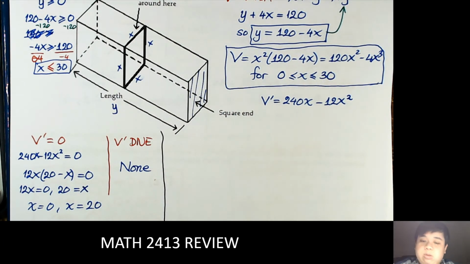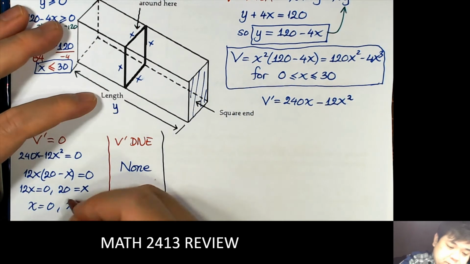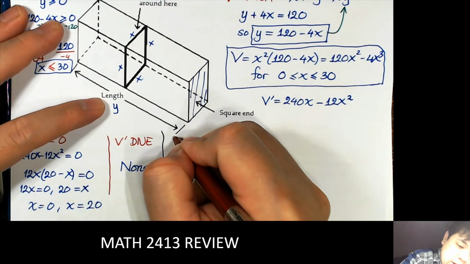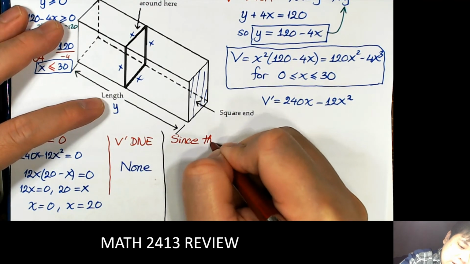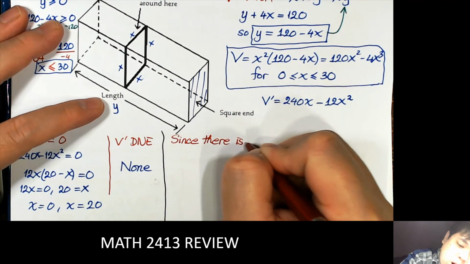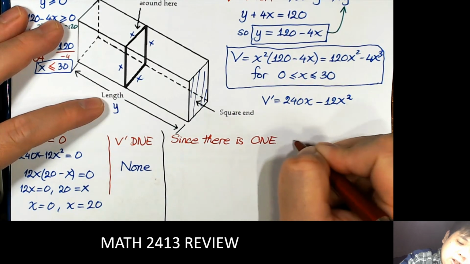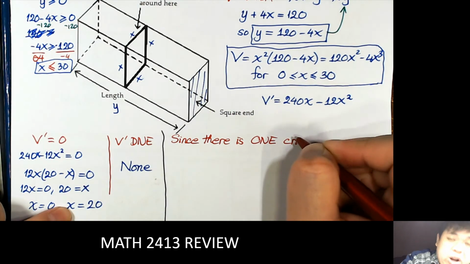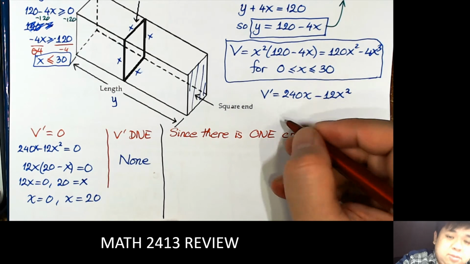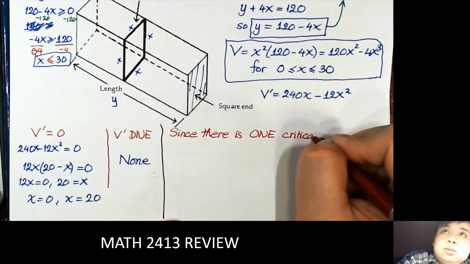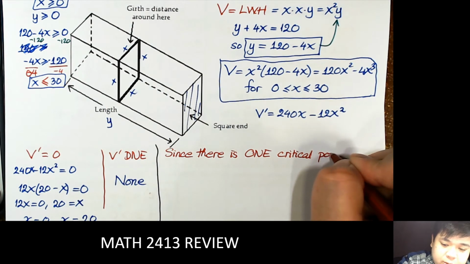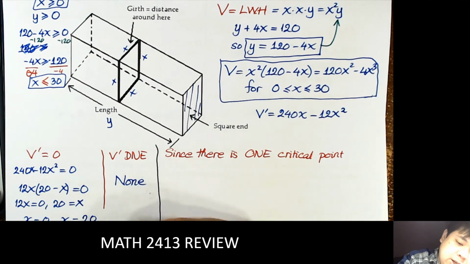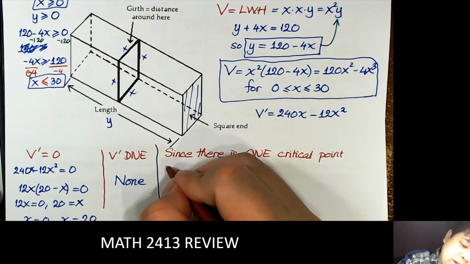So let me write out the important things here. Since there is one critical point, you only have 20, in the interval, in the domain.